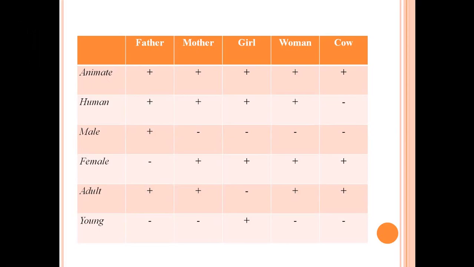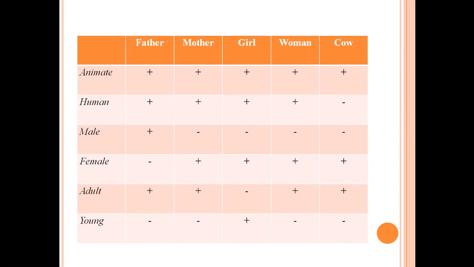Suppose book: only the property inanimate applies, and other properties like male, female, adult, young, you cannot show.